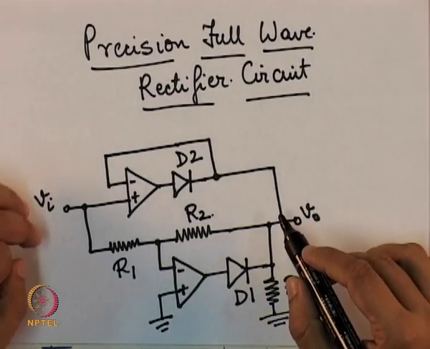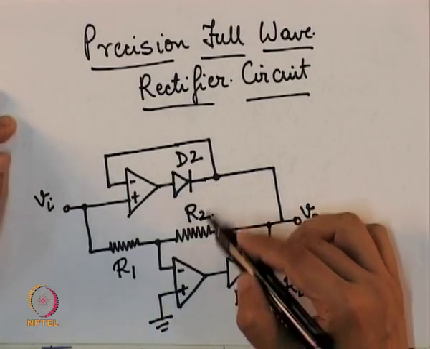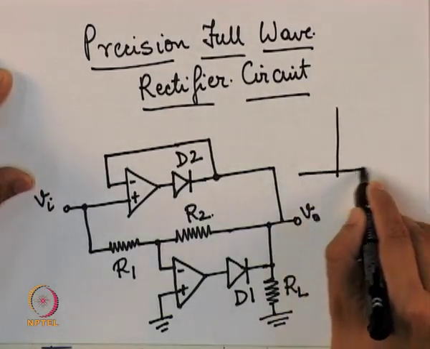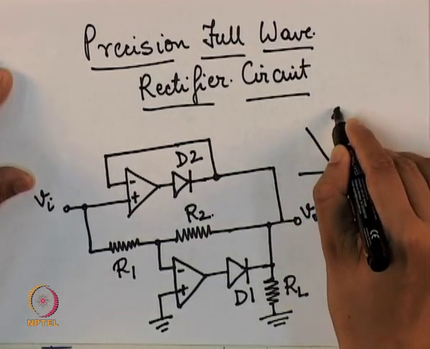This is just a combination of the two. This is the first circuit that we had discussed, and this is the second circuit we had discussed, and the output and input relationship is given by this graph.